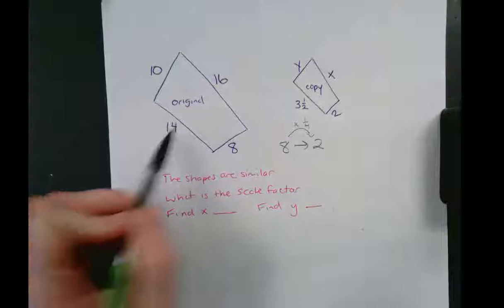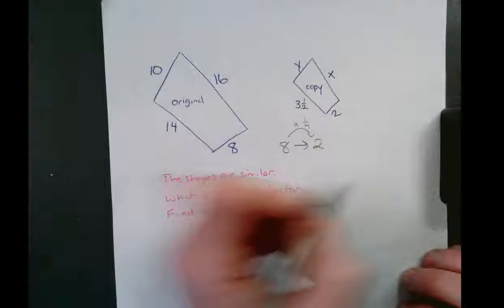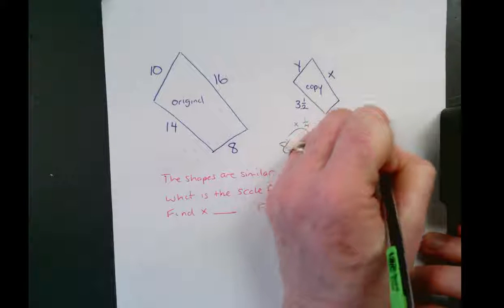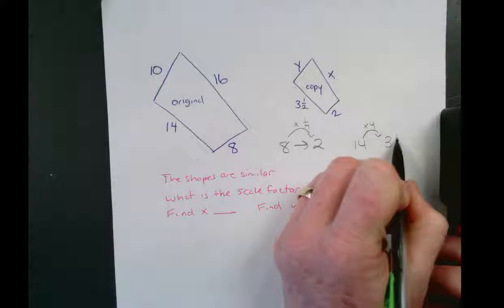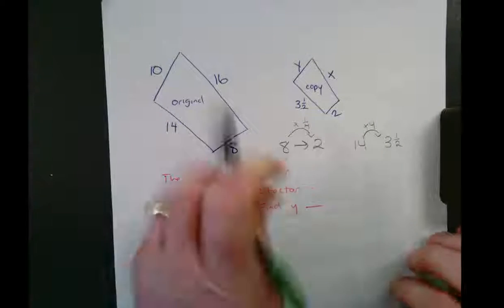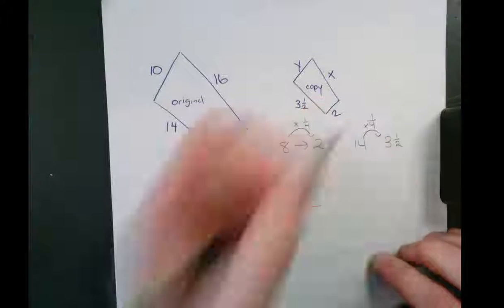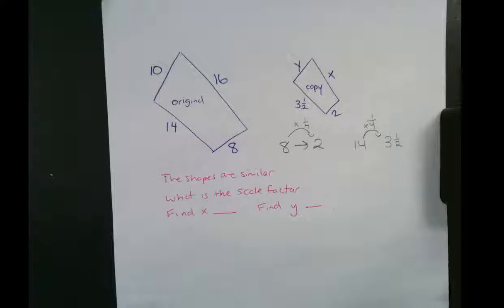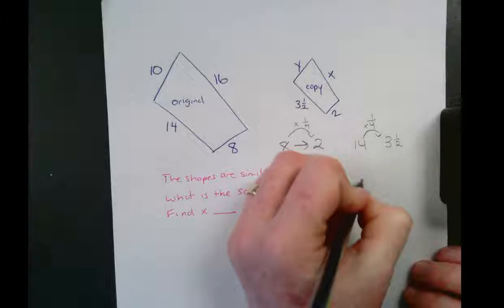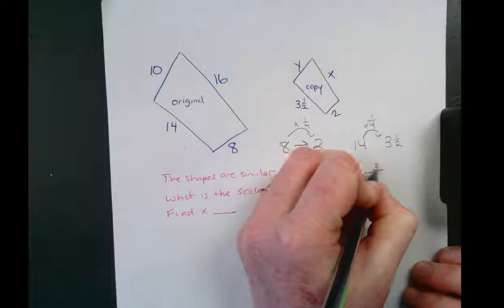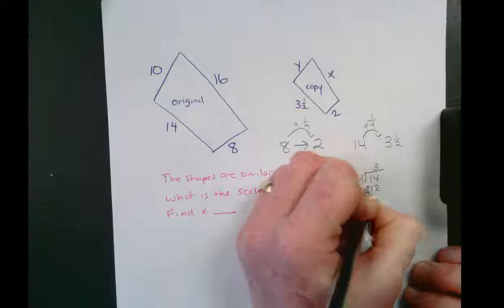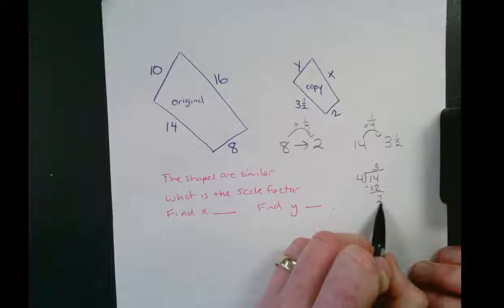Let's check 14 and 3.5. 14 times 1/4. Is that 3.5? Well, let's check. 4 goes into 14 3 times. You get 2 left over.